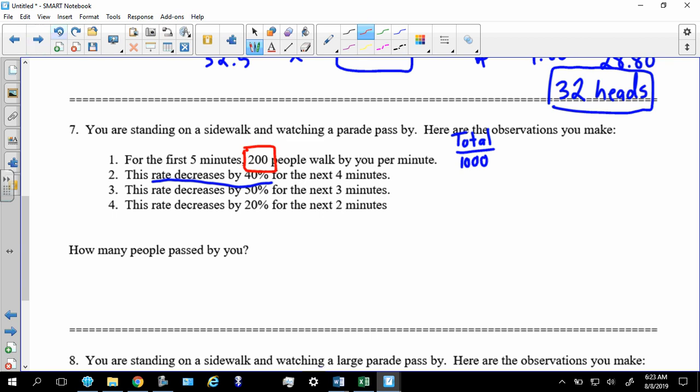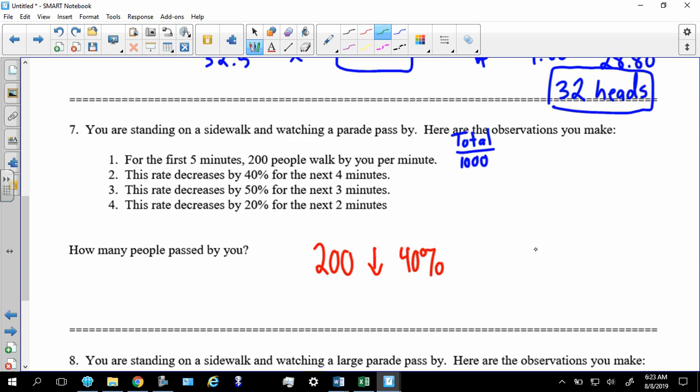So I'm going to write this off to the side here. You are going to take 200 and you are going to decrease it by 40%. Okay? Now, in order to do that, the first thing you need to do is figure out what is 40% of 200.